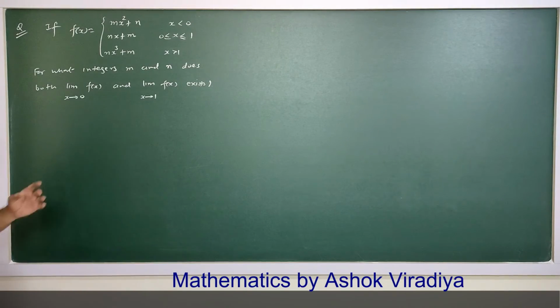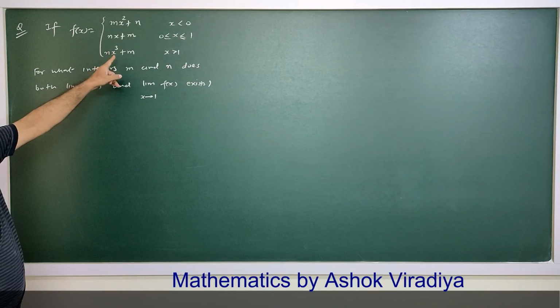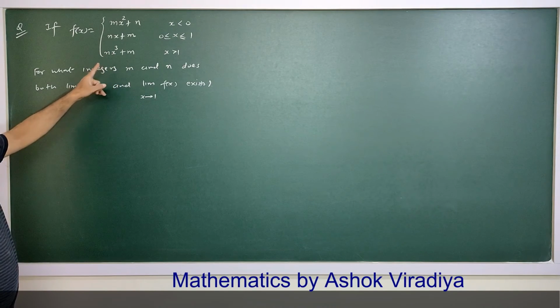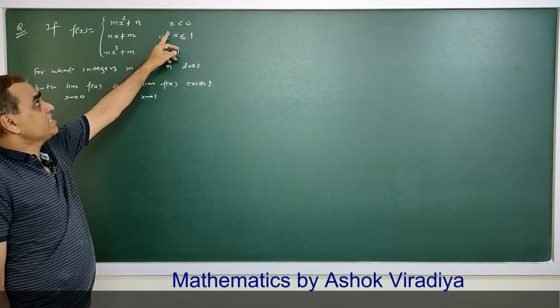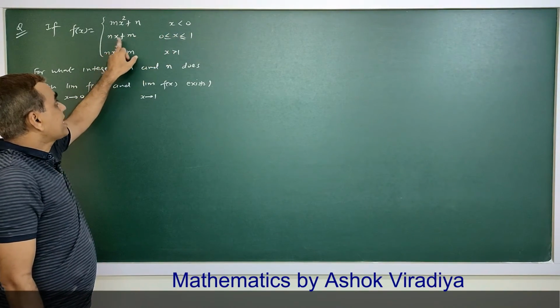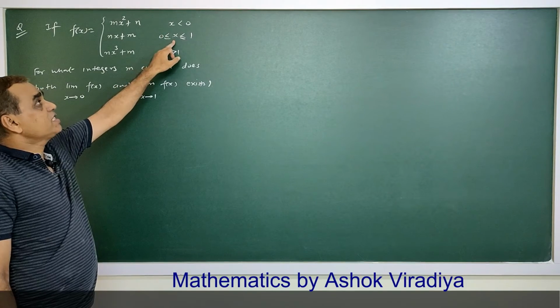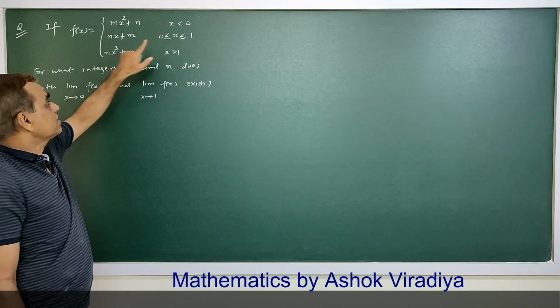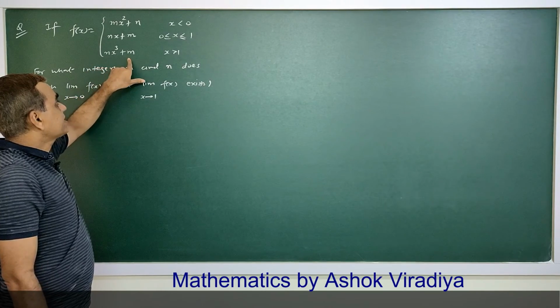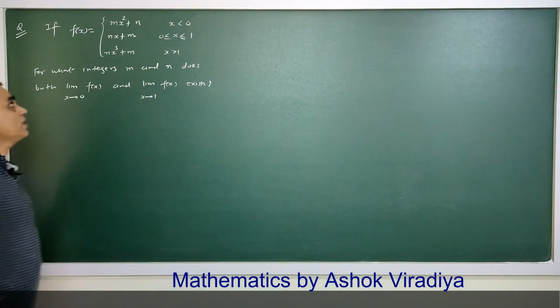For this function, f(x) equal to m x square plus n if x is less than 0, n x plus m if x is between 0 and 1 including both numbers, and f(x) is n x cube plus m if x is more than 1.